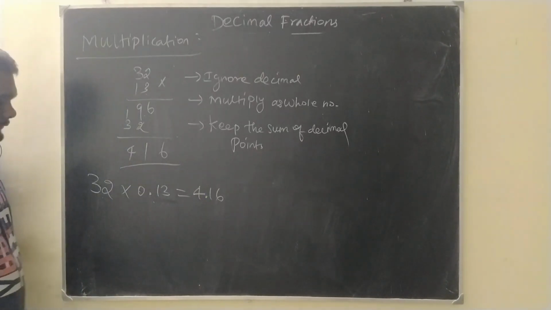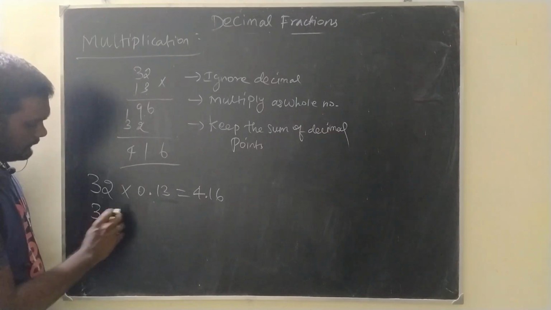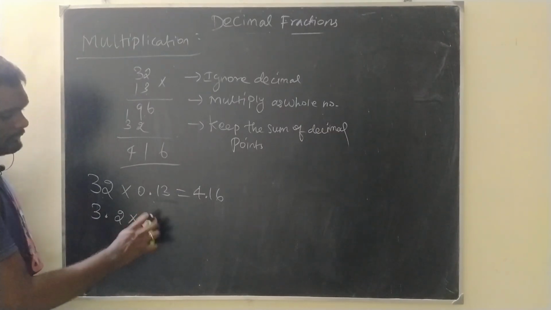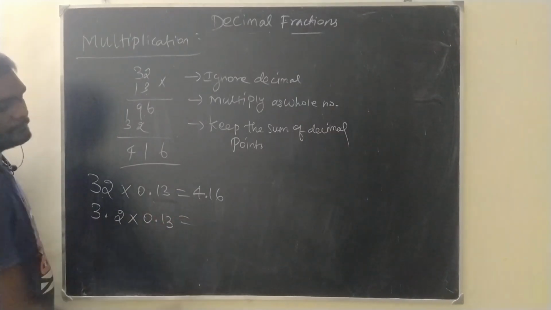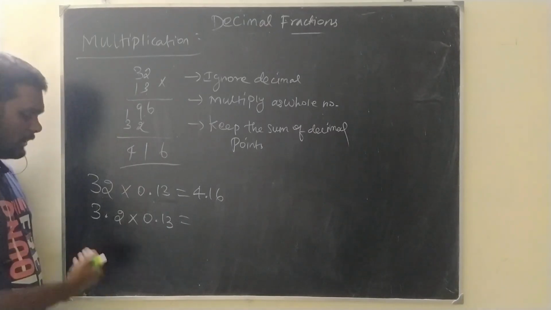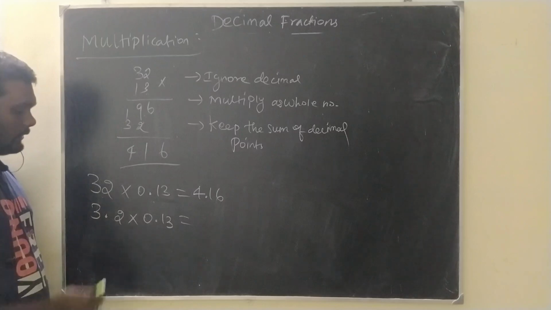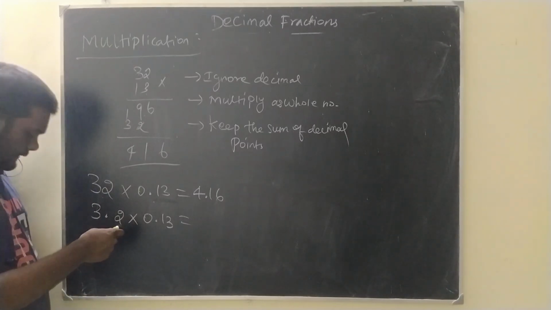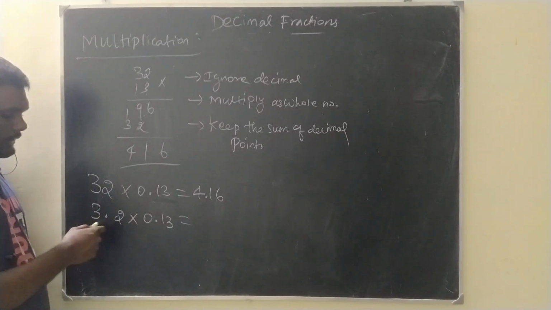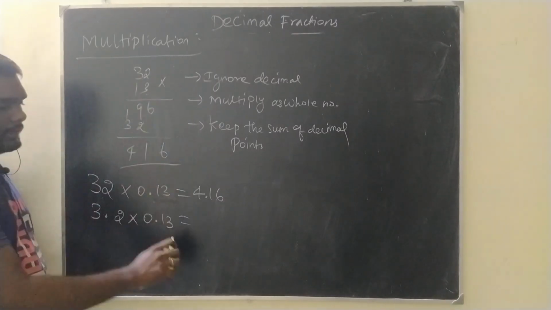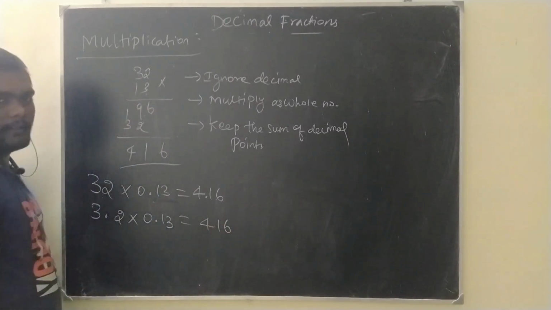What if it is 3.2 into 0.13? Now also we should ignore the decimal points first. Ignore the decimal points means here 32 into 13. Usually 416 is the answer.